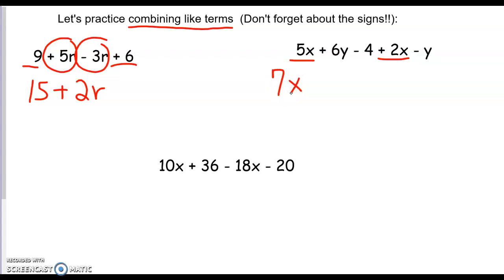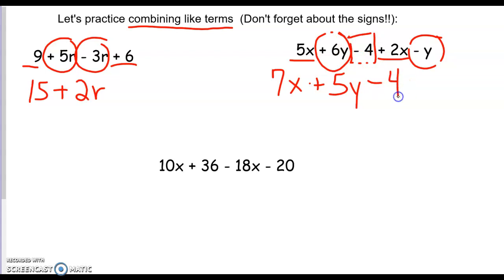All right, I see I have plus 6y, and over here, remember this is the same as 1y, so plus 6 minus 1 leaves me with plus 5y. And then I have one constant minus 4. Okay? And those are not like terms. I can't go any further with that.